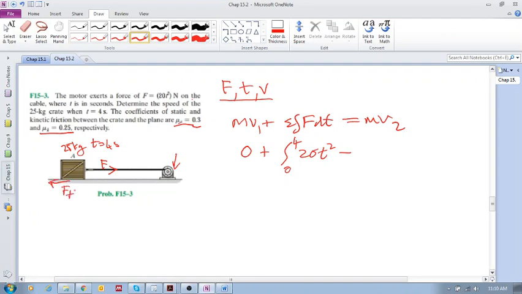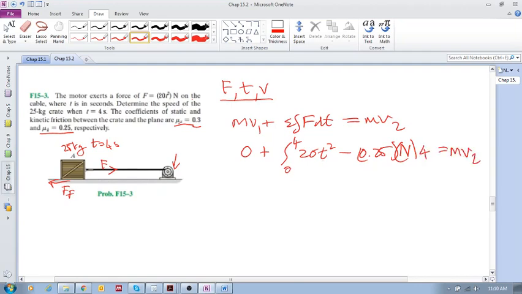Then perhaps you'd say 0.25 times the normal force, times 4 seconds, is mv2.